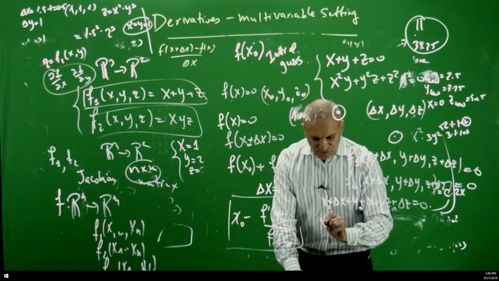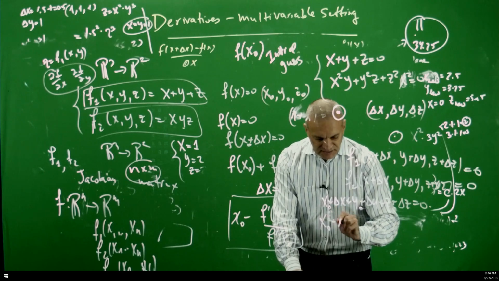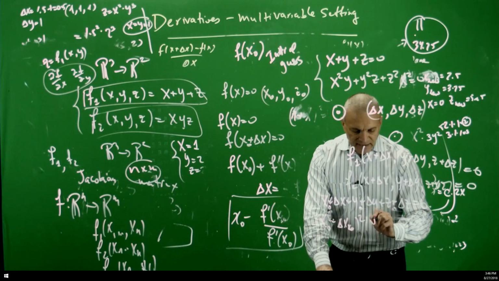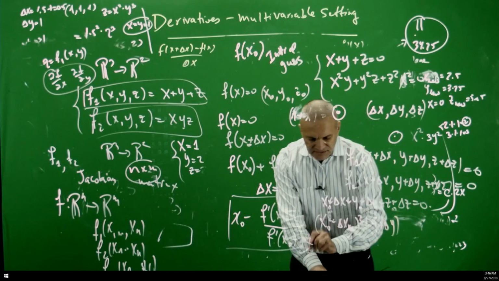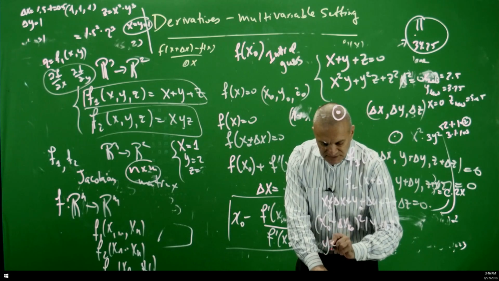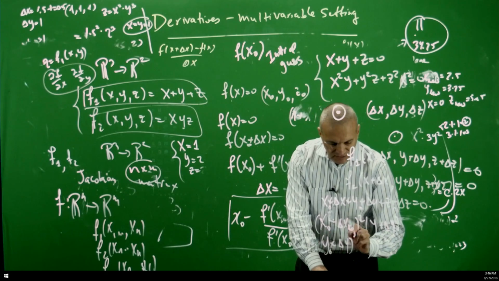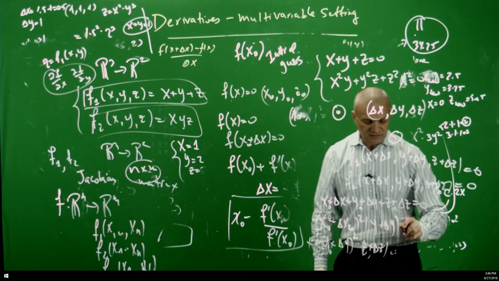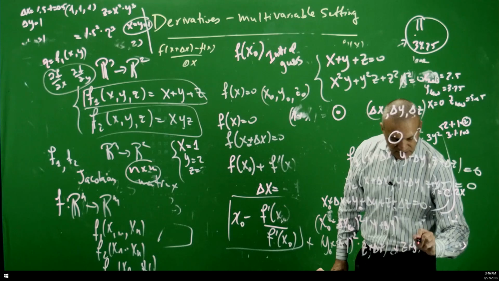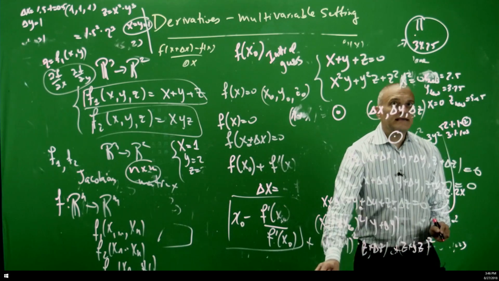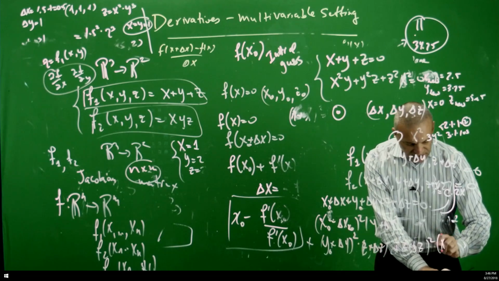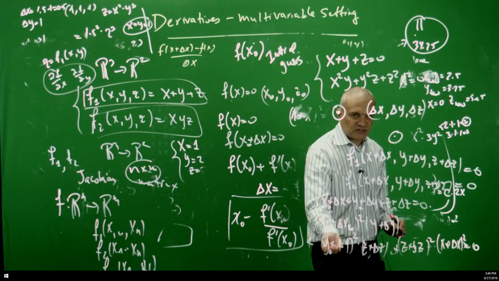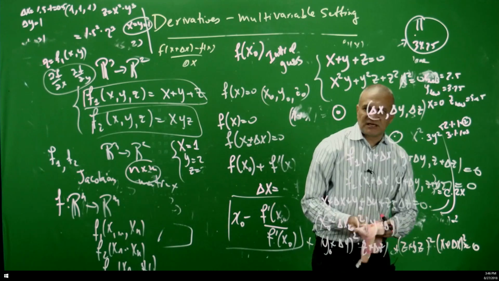It's going to be x0 plus delta x, squared, times y plus delta y, plus y plus delta y squared times z plus delta z, plus z plus delta z squared times x plus delta x squared, equals 0. Okay, so I want to find something which is going to be closer. How do I find such a delta x?